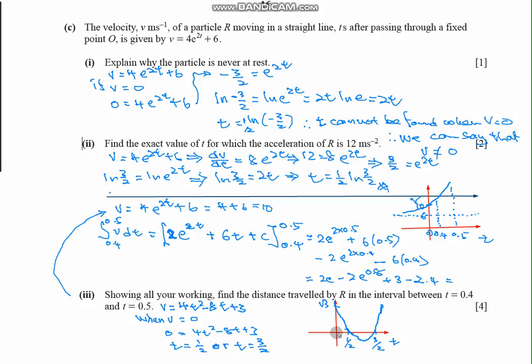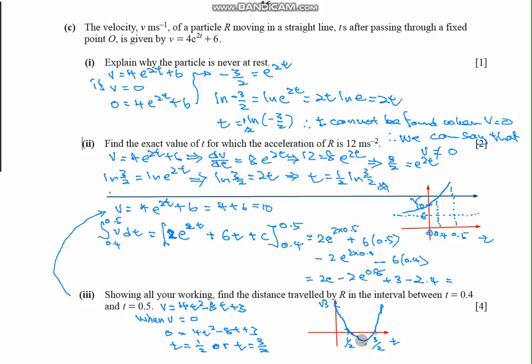Now here there's something very interesting. You look at the velocity before t equal to half, it is actually a positive value. By the time it crosses t equal to half, the velocity becomes negative, which means the particle's direction has changed. You go in the opposite direction.